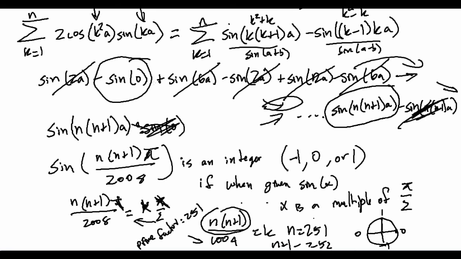So if you multiply these two together, you do indeed get a multiple of 1004, and thus when you divide them, it gives an integer k. And it turns out this is actually the smallest. You can check some other numbers. So n equals 251 is the solution. I'll see you next week.